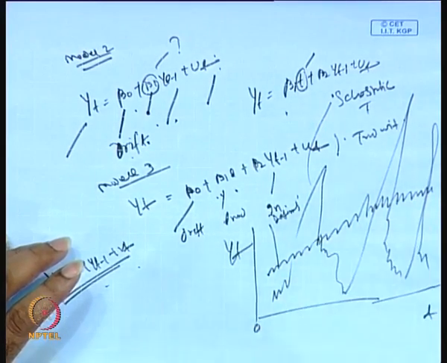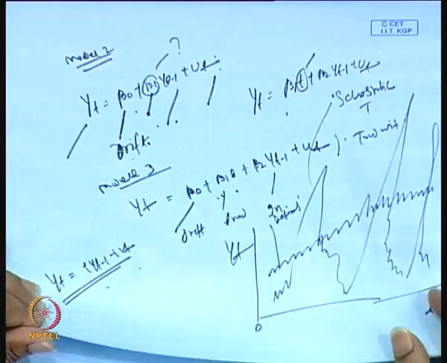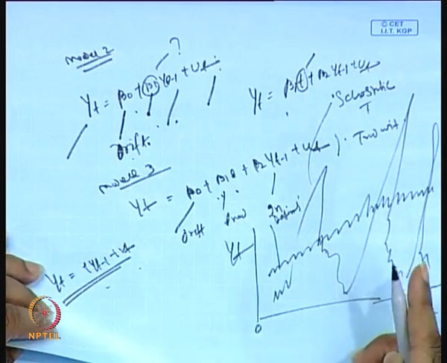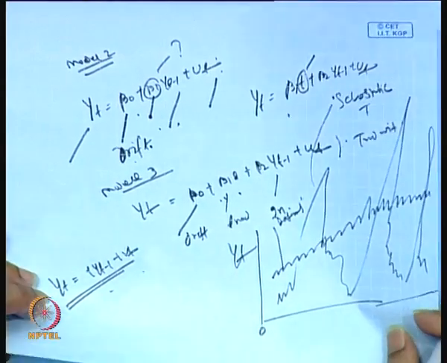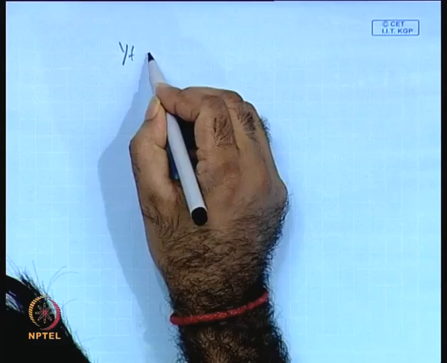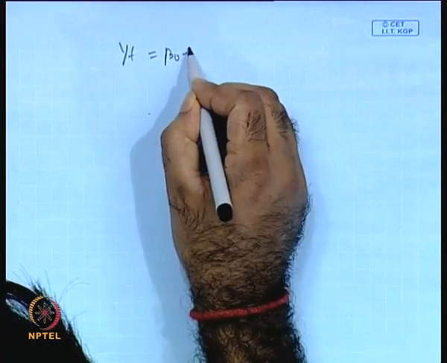Okay. So, this is the form you can find. This is the process of integration, the integrated process, or you would like to know the order of integration needed to get the deterministic trend.